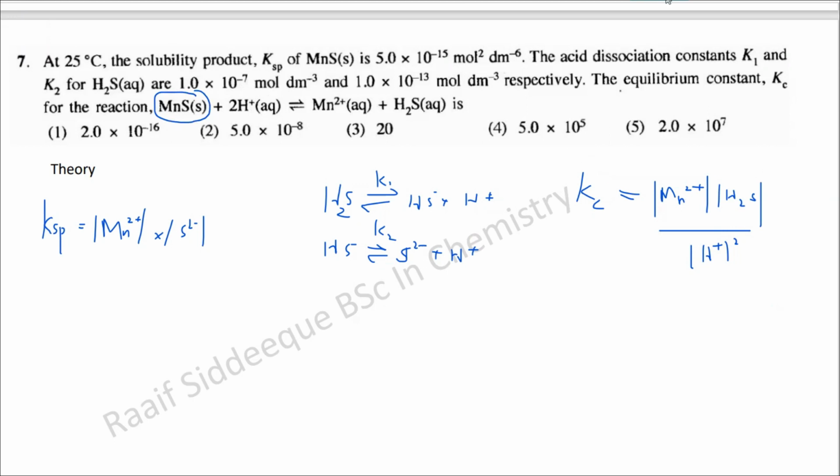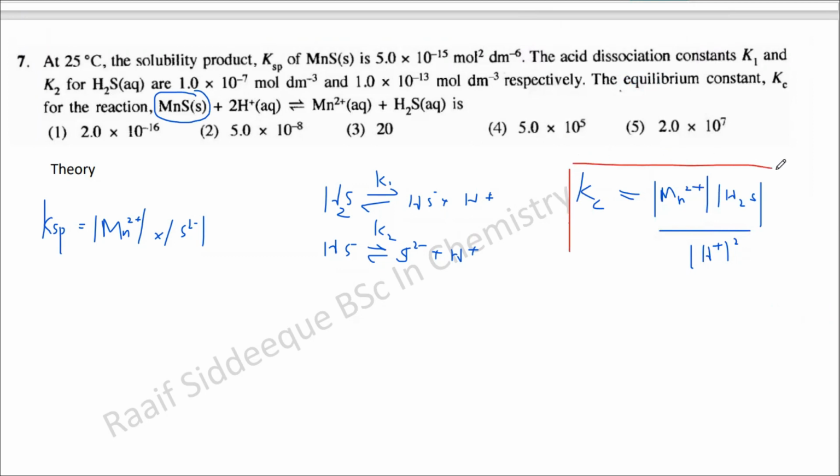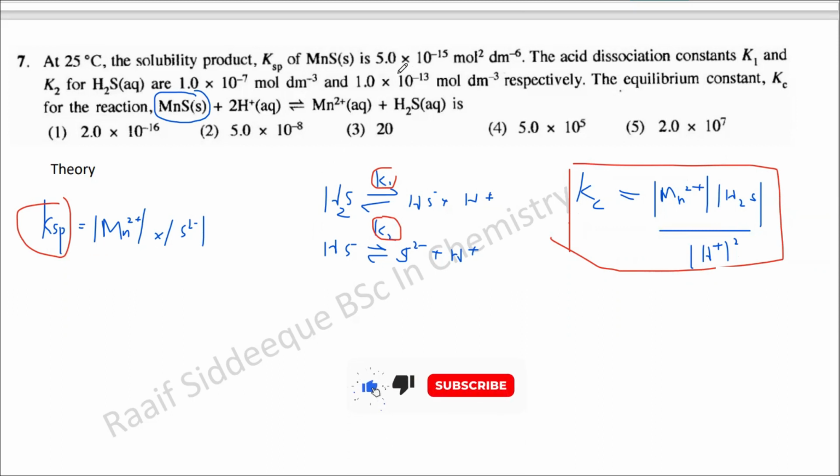Now you have an equation for this Kc. Using Ksp, K1 and K2, you try to get this equation, because if you get it, you can equate that to Kc. Those values are given here. Then you can find a value for Kc.